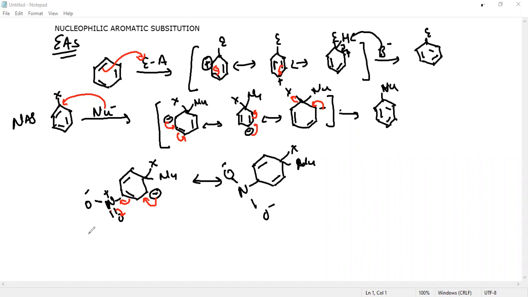And if we have some electron withdrawing group, then that would favor the situation, because it would withdraw that negative charge and spread it more over the molecule. So anything that withdraws this negative charge would stabilize that intermediate. Okay, now let's see.